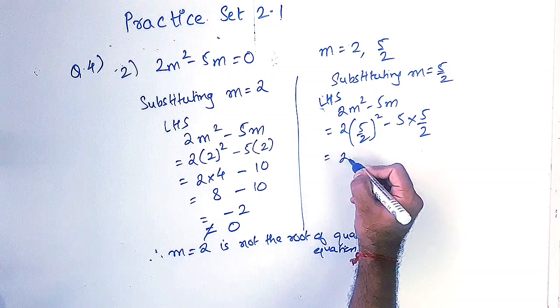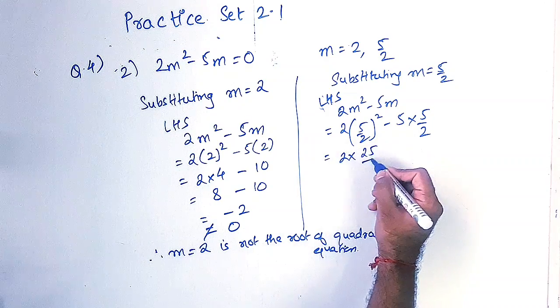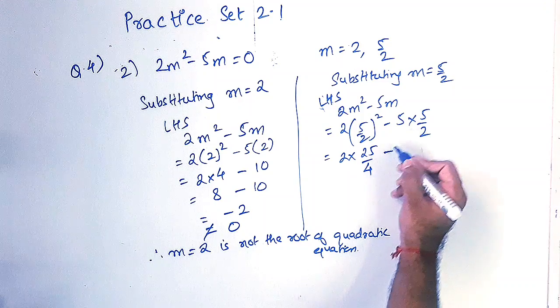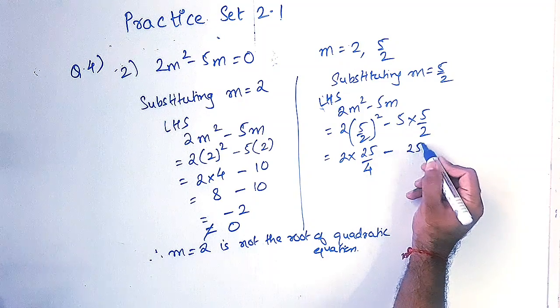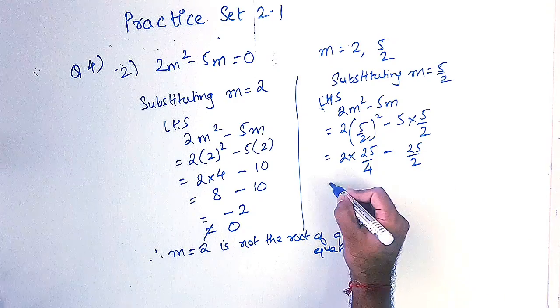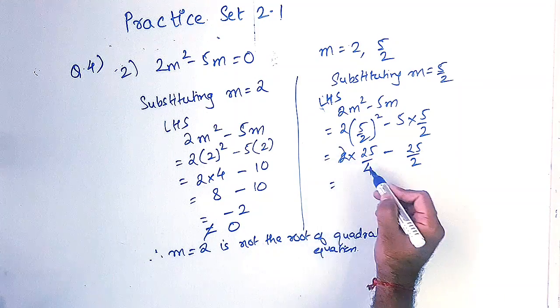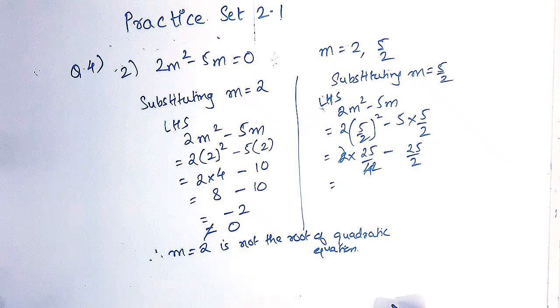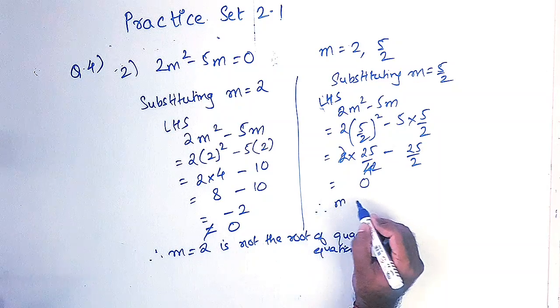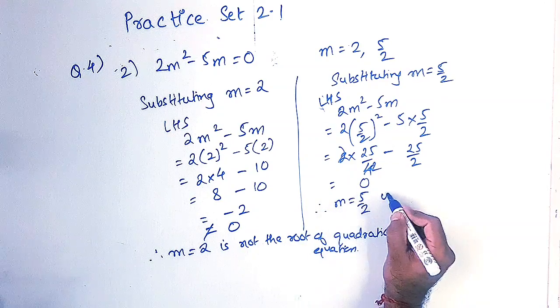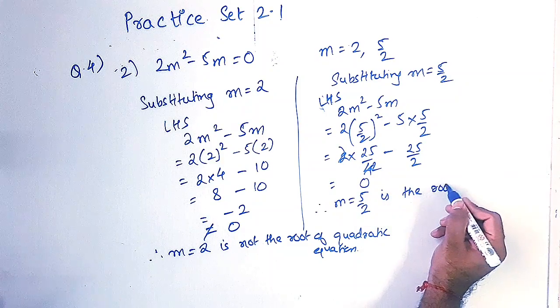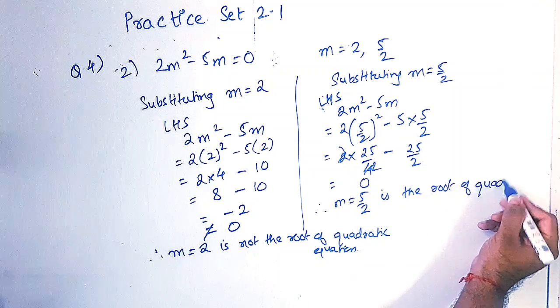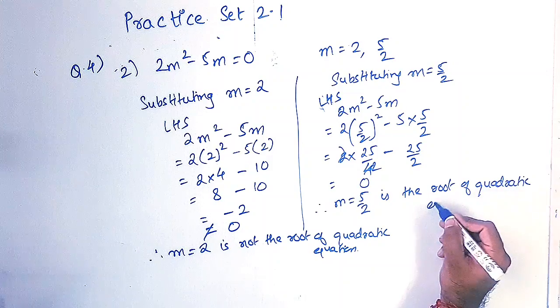So this becomes 5 5s are 25 upon 4 minus 5 5s are 25 upon 2. Now if you cancel, 2 2s are 4, so what you are getting is 25 upon 2 minus 25 upon 2, which will be 0. Therefore you can see m equals to 5 upon 2 is the root of the quadratic equation.